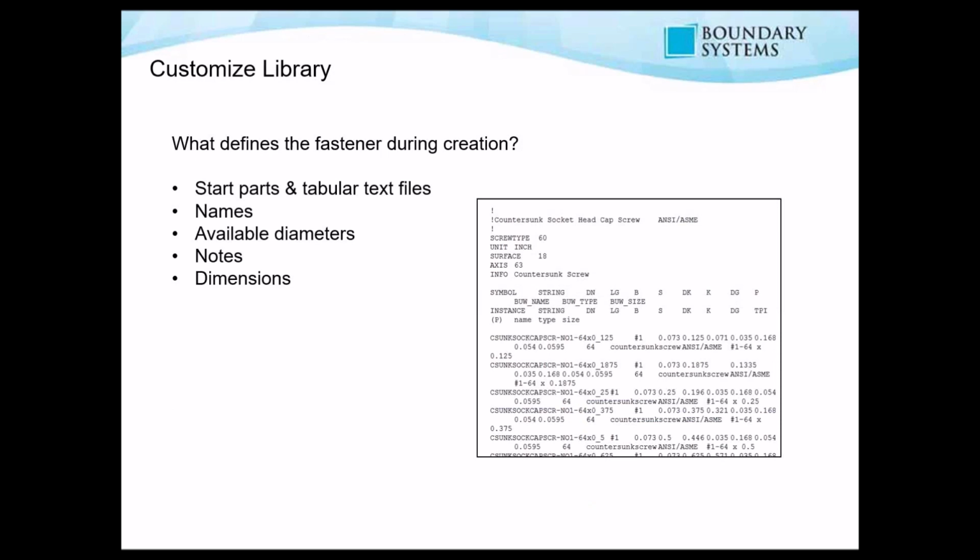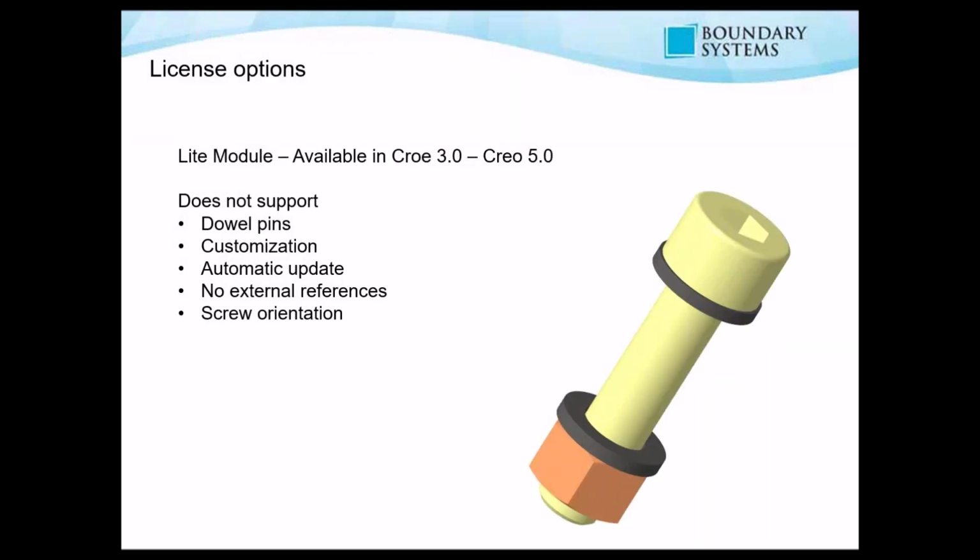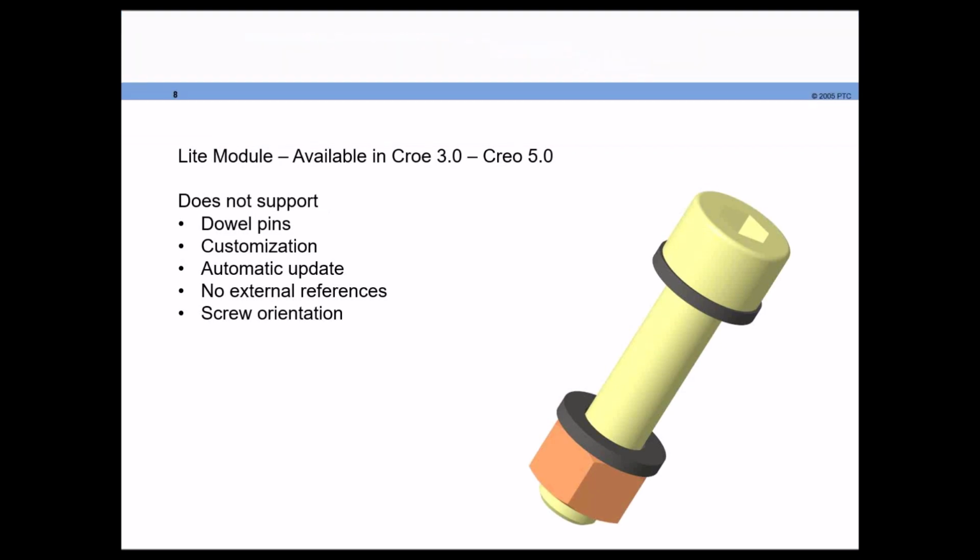As soon as you understand that, it's a lot easier to go and customize it or make changes to it. So the main thing, it's using start parts. I'm just going to go one slide back. Like the bolts and the nuts that you see, that's actual parts that it's using.